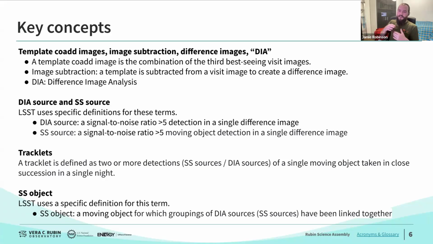This is a static object, like a variable star, that has been detected in one part of the sky and has a collection of DIA source detections associated with it. Correspondingly, the solar system has SS object. This is effectively like the asteroid name in the LSST catalog, but it's the group of DIA sources that are associated with this one object moving on its orbit through the sky that have been linked.